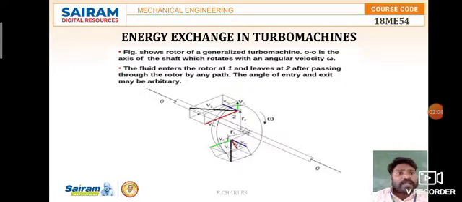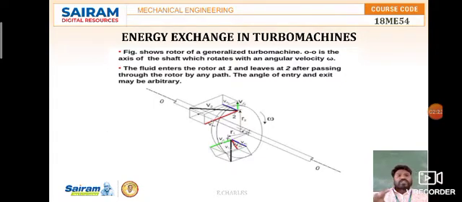The fluid enters at 1 and leaves at 2 after passing through the rotor by any path. Water can hit the turbine blades and leave the turbine in any path, based on the design of the turbine blades.